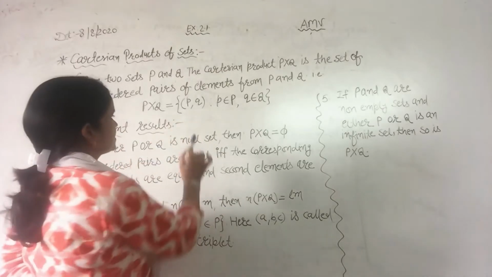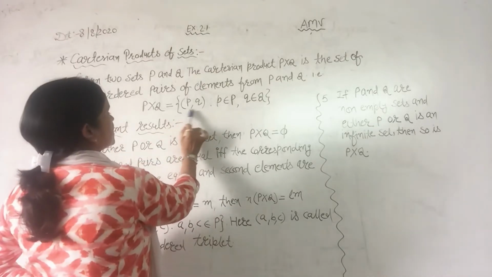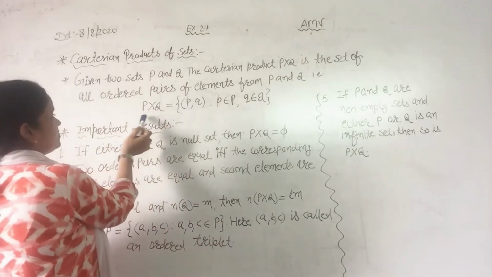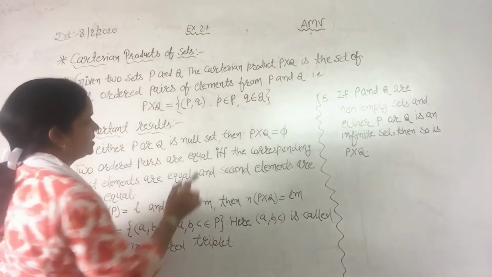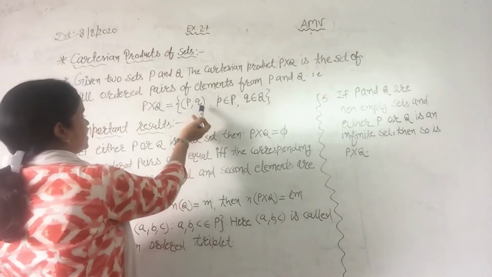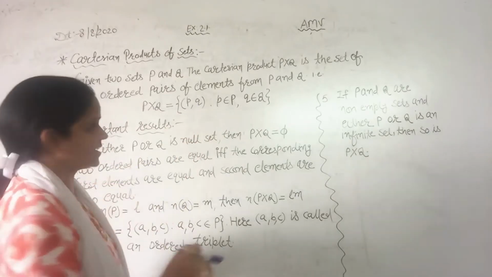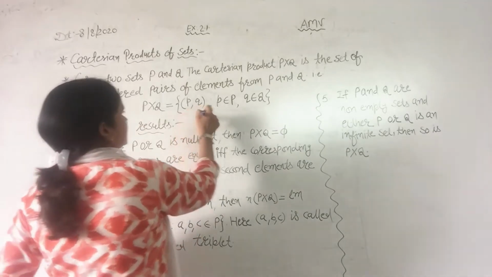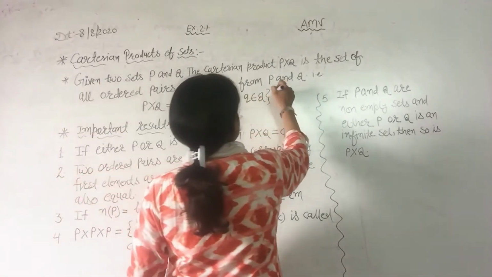Ordered pair means the elements are written in a bracket, and the first element is from the first set P and the second element is from the second set Q. First, let's take one example for this.